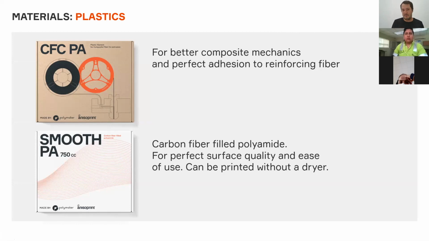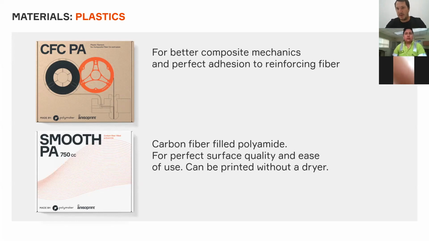So the CFC PA material is a specially formulated polyamide based on PA12 material to ensure a good adhesion and good wetting of the fiber when printing with the best reliability and printability together with our fibers. And the smooth PA is the special material for plastic nozzle, which is also a polyamide based material.